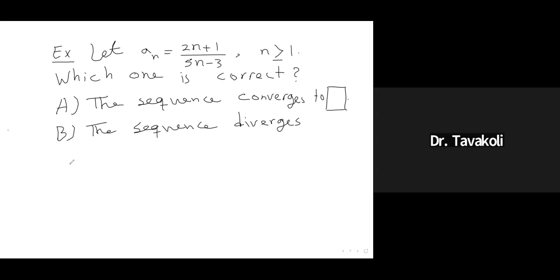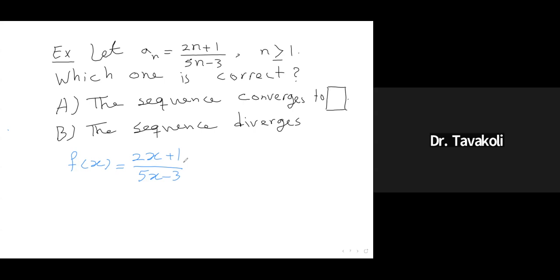For this example, for the sequence 2n plus 1 over 5n minus 3, just replace all the n's by x. So I get f of x equals 2x plus 1 over 5x minus 3. This is the continuous function over the interval from 1 to infinity. And at every n, f of n will be a_n. That's obvious.